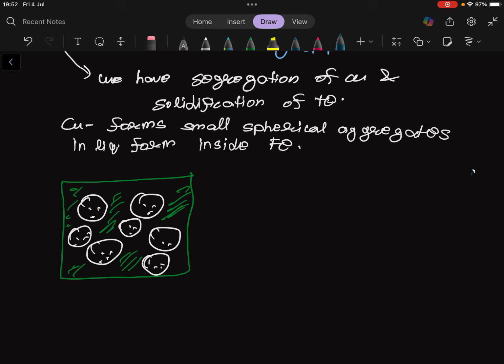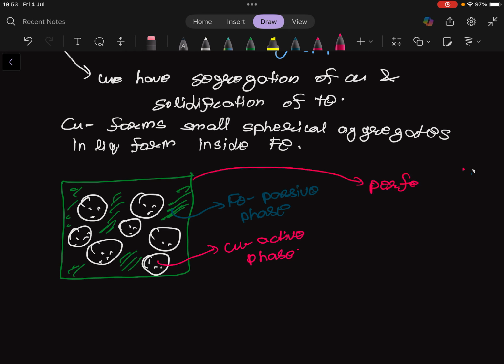So this is the Fe passive phase, and this is our copper active phase, which is spherical aggregates. And we are going to obtain a perfect PCM for the copper Fe system.